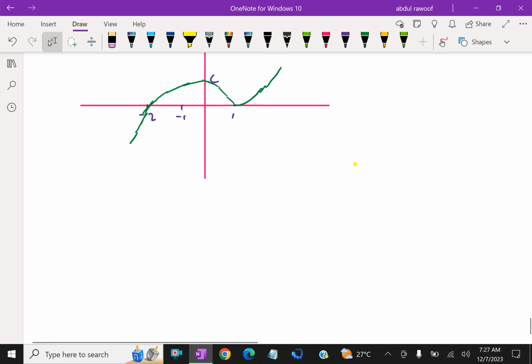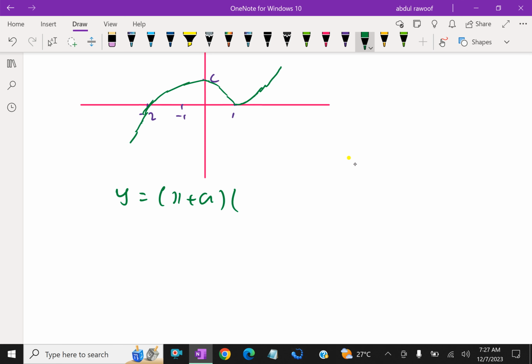We have to find a, b and c. The equation is given as y equal to x plus a into x minus b the square.